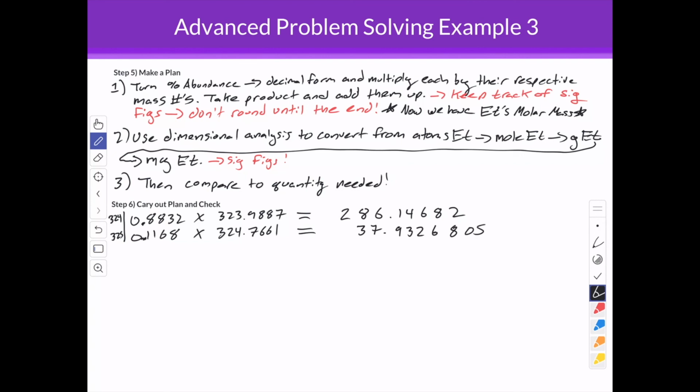Sig figs. This has got 4, this has got 4, and these have more. So we know we're going to go to 4. 1, 2, 3, 4. 1, 2, 3, 4. Okay, so vertical line here.